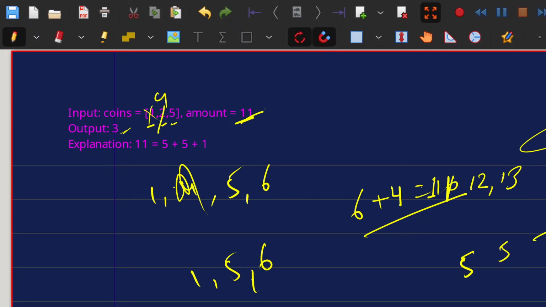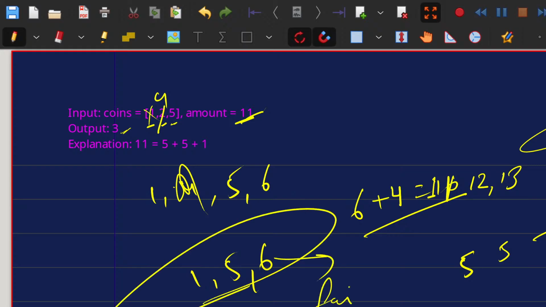I'm finding some example, guys. What could be the example to show that the greedy approach fails?